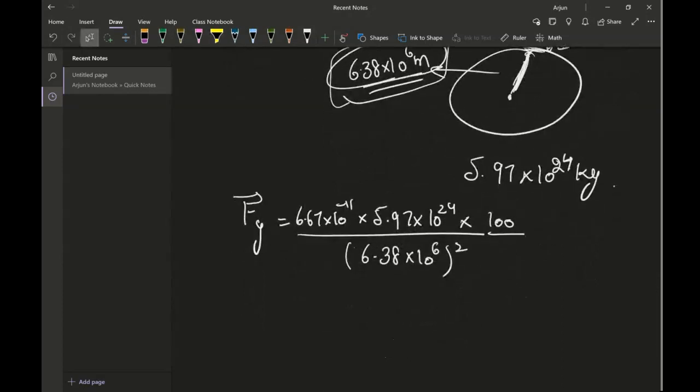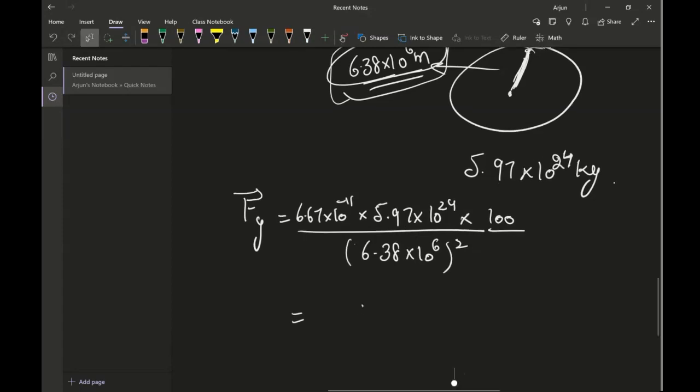All right, once we do the calculation, you're going to get a certain number. Let me do the calculation: 6.67 multiplied by 5.97 multiplied by 100, divided by 6.38, one more time divided by 6.38.